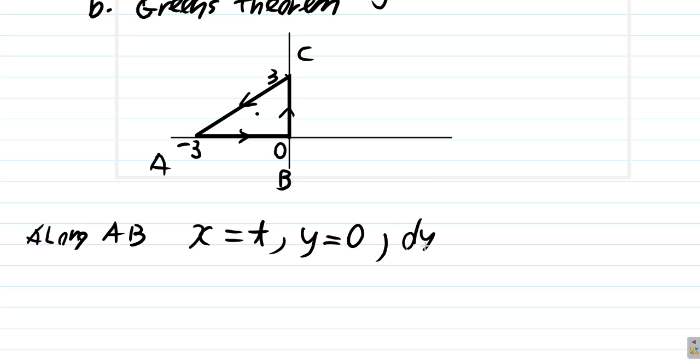So that means dy is 0. You'd have to go up or down for y to change, but it remains flat. What about dx? Well, if you have x equal t, and you differentiate and find dx with respect to t, you get 1. So when you multiply both sides by dt, dx is equal to dt. You see that?